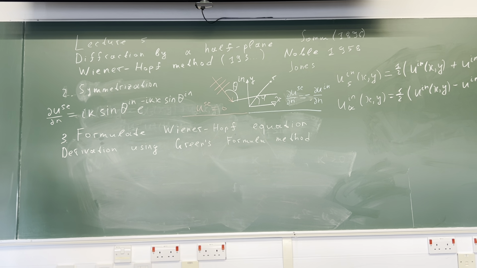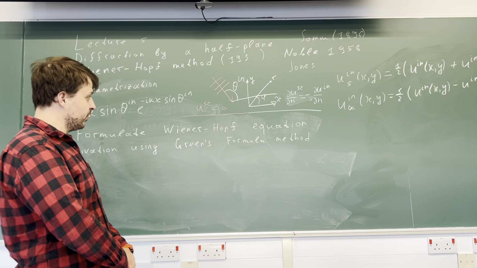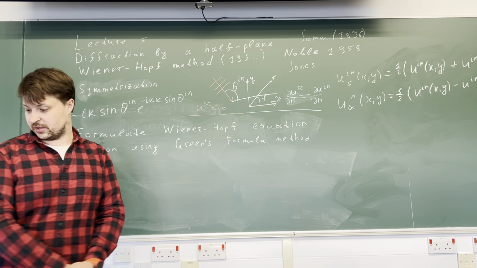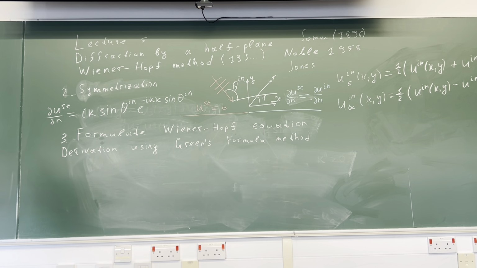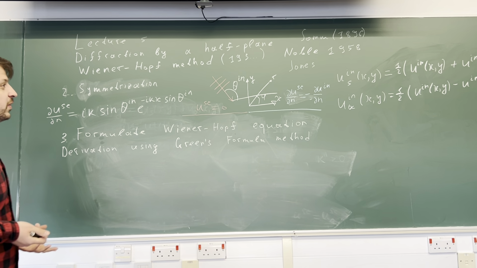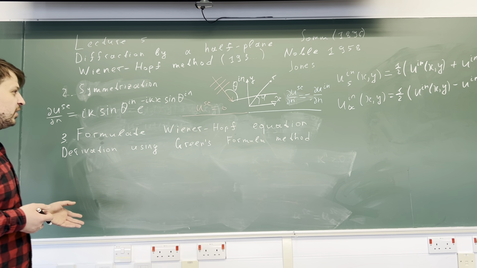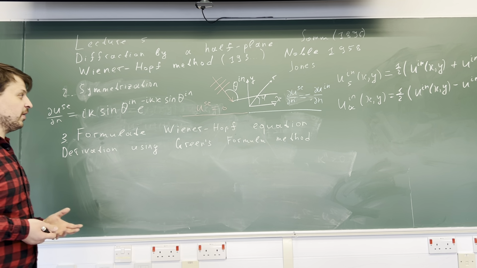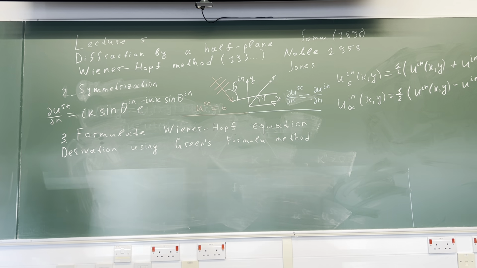So my plan, of course, is to apply Green's formula in the upper half space. What do we need to apply Green's formula? We need to choose a pair of functions and a domain where we apply our formula. I will describe the choice of domain and the choice of functions, and once we apply it, we will arrive at the Wiener-Hopf equation naturally.